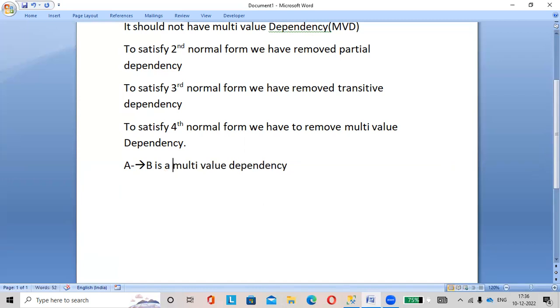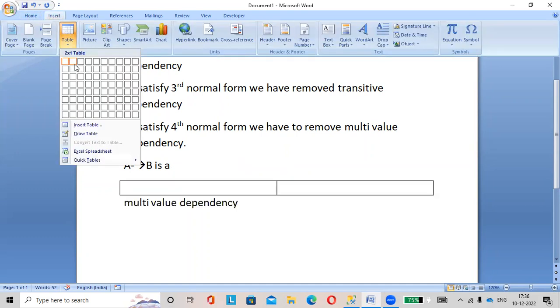What is the meaning of it? Any dependency A derives B is said to be multi-value dependency if for a single value of A, more than one value of B exists. What does it mean? For a single value of A, more than one value of B exists.